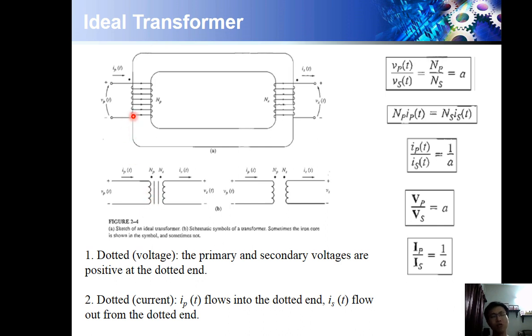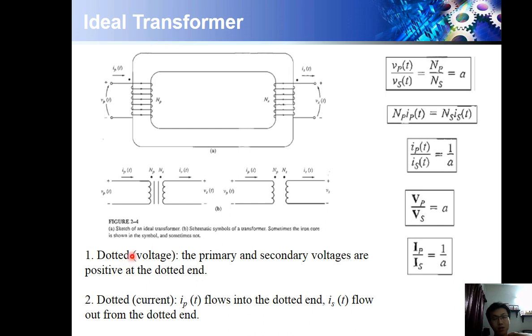The problem is we need to know which is the positive side and which is the negative side, and then it comes to the dot convention. When we transfer into the symbol, we have a primary winding here, a secondary winding here, and this is the core. Do remember that we have a dot with the primary winding and a dot with the secondary winding.